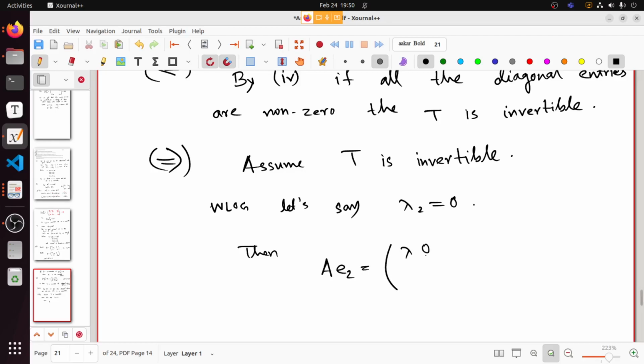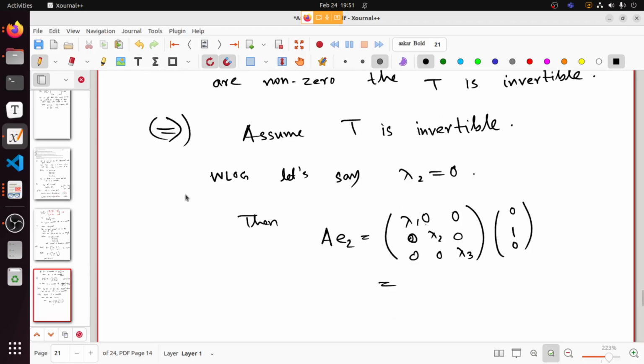A is lambda 1, 0, 0, 0, lambda 2, 0, 0, 0, lambda 3. Apply it to 0, 1, 0. Then what will you get? 0, 0, 0, because lambda 2 is 0.